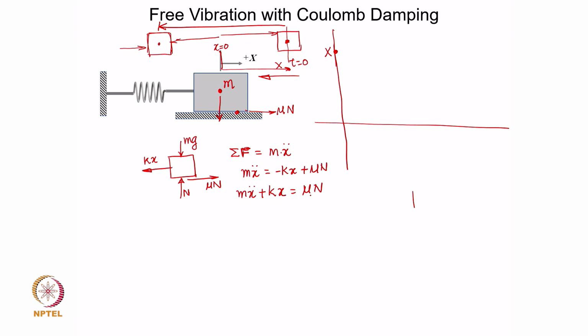So, this can be treated like a constant force acting on this mass. Just like the gravity force that was acting on the mass and generated a static deflection, similarly the response because of this constant force on the right hand side will also generate a similar kind of steady deflection.